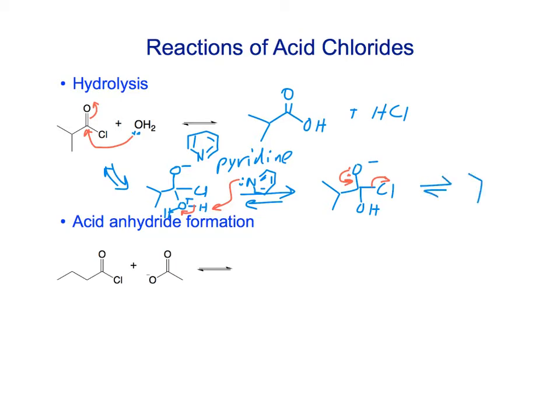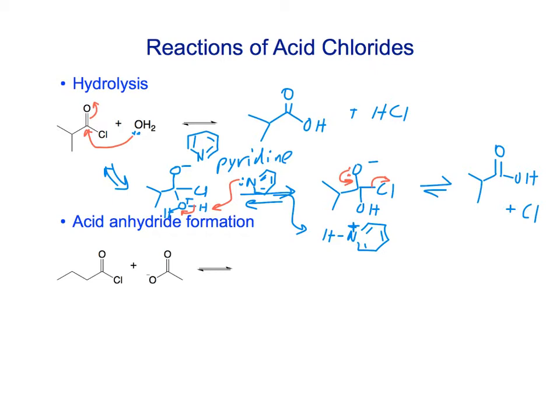So we're going to get our product plus chloride, and over here, I'm going to draw it down here, we generated what's called the pyridinium cation with a plus.